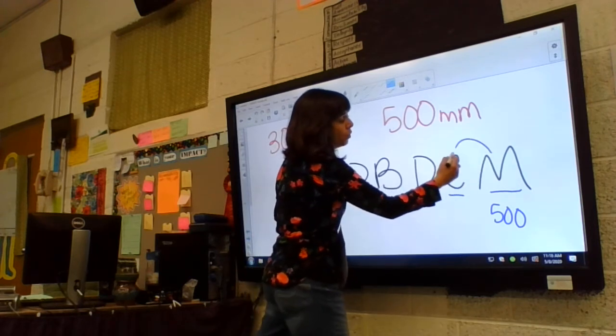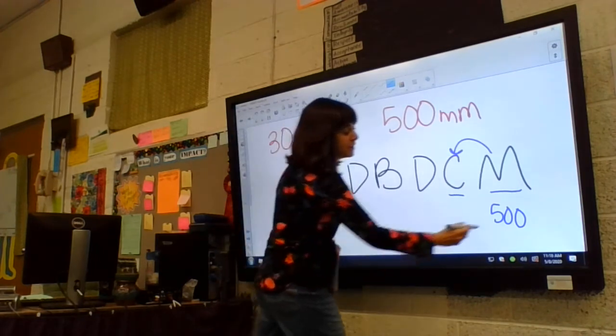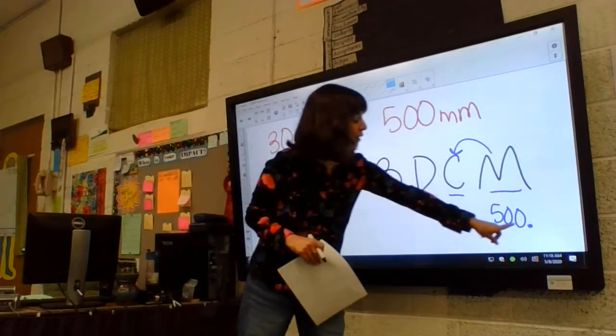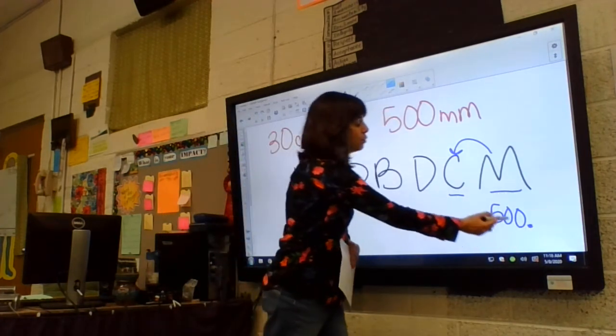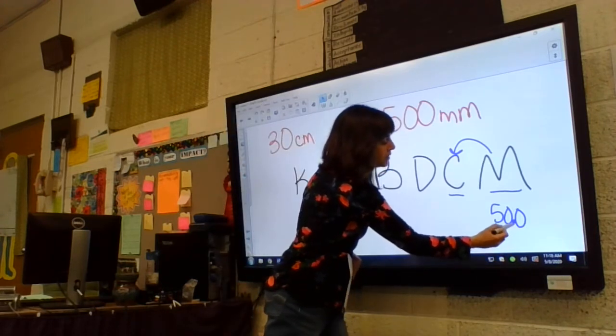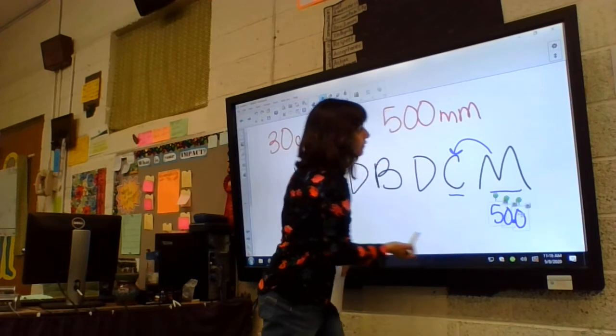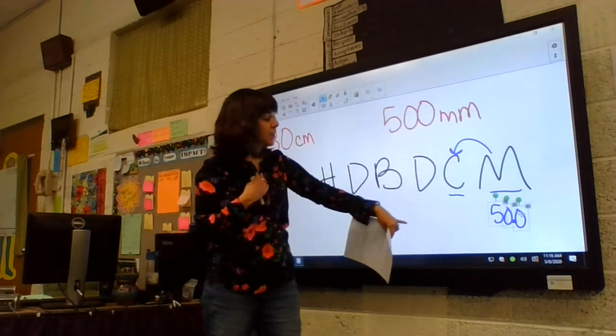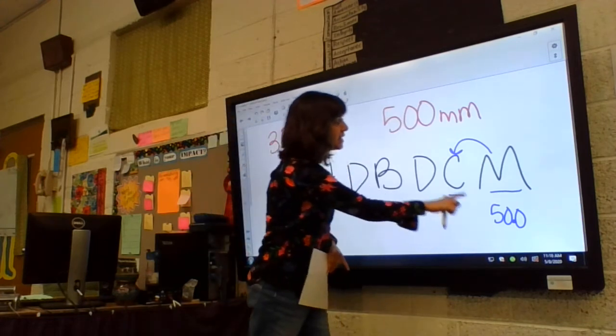So we're just going one place to the left, which means if I put a decimal here, since this is a whole number, and I put it after the ones place, I'm going to move that decimal one place to the left. Okay, so 500 millimeters is really equal to 50 centimeters.